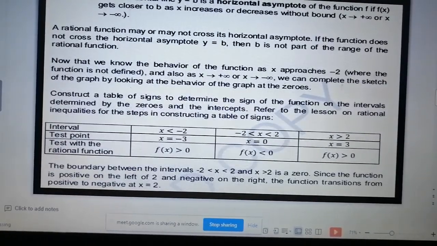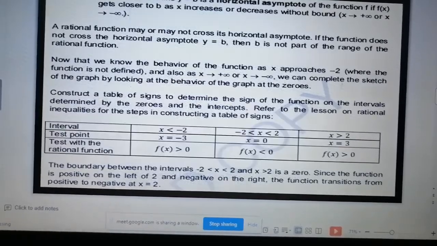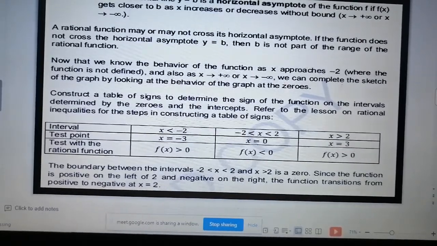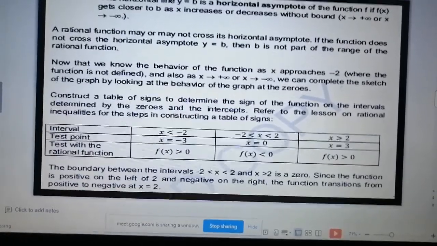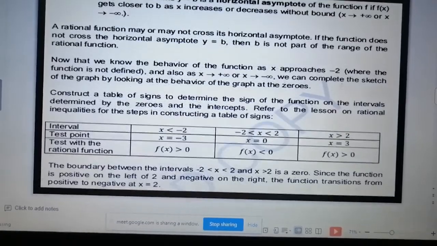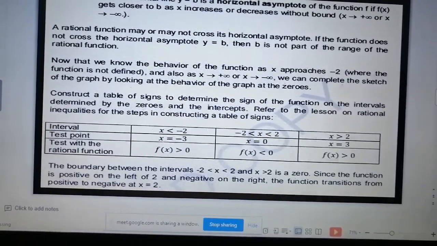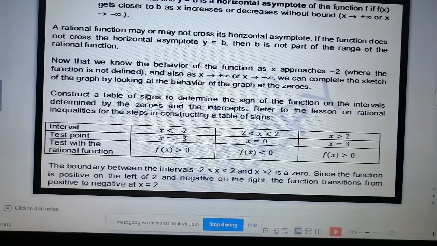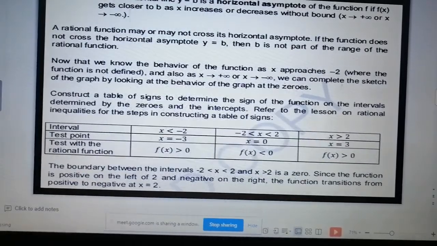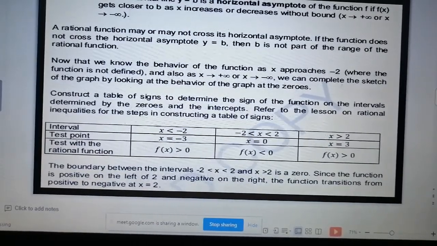If the function does not cross the horizontal asymptote y is equal to b, then b is not part of the range of the rational function.